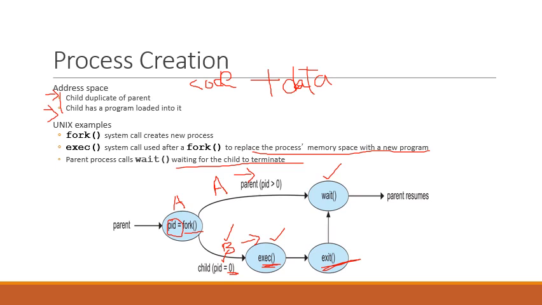So once the child has executed the exit system call, it indicates that the child has finished its execution, and after the child has finished, process A can continue with its execution. So the parent process resumes its execution and will complete its execution afterwards.